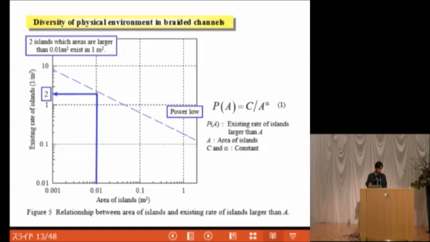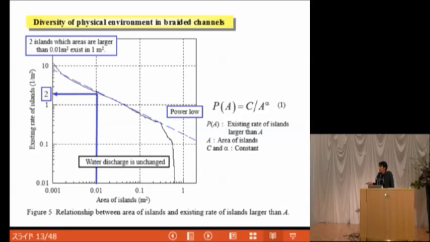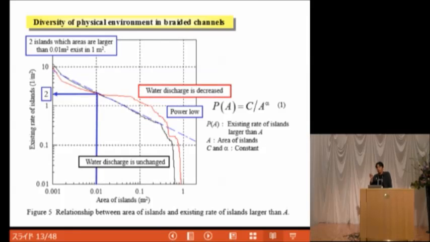When water discharge is unchanged, the distribution of the existing rate of the island fits the power law. However, if the water discharge is decreased and the vegetation grows too much, the distribution is like this.